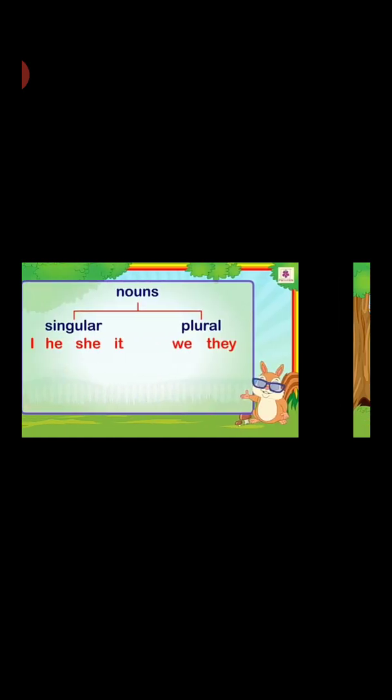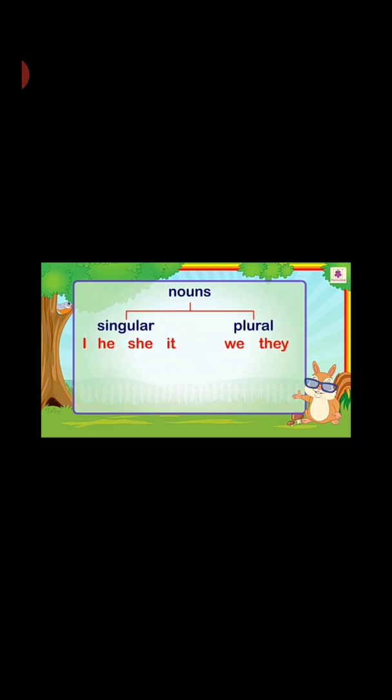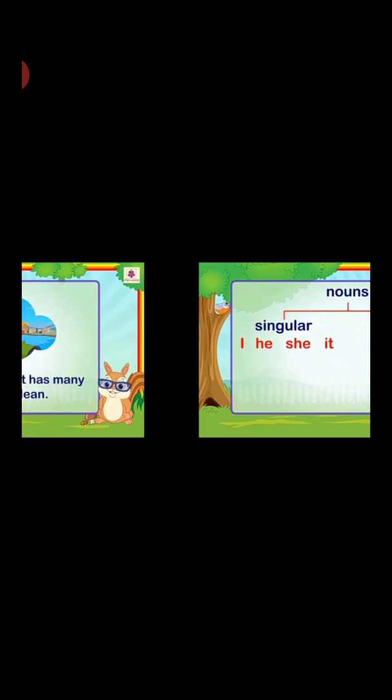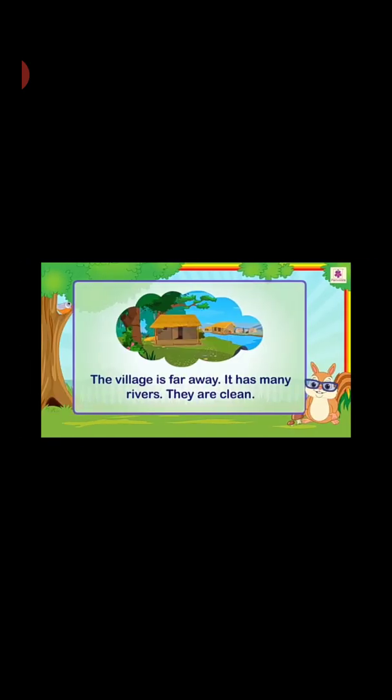I, he, she and it are used for singular nouns, whereas we and they are used for plural nouns. For example, the village is far away. It has many rivers. They are clean.